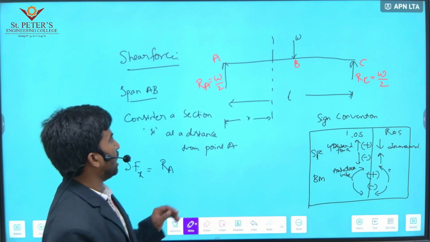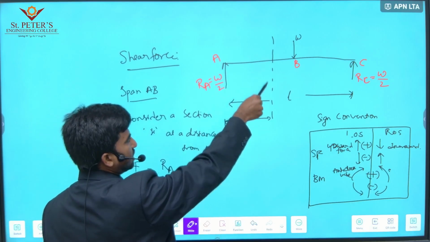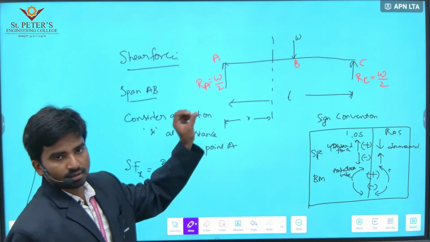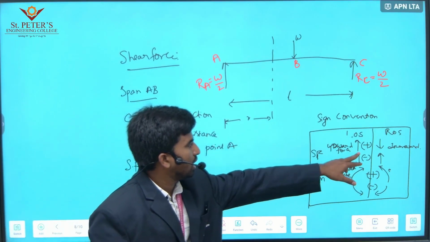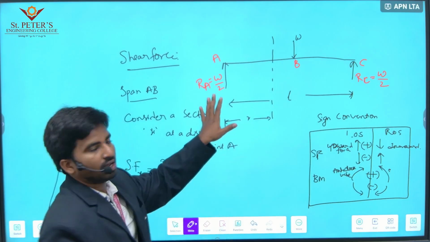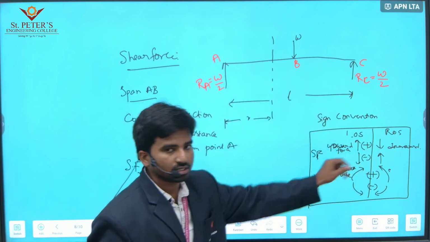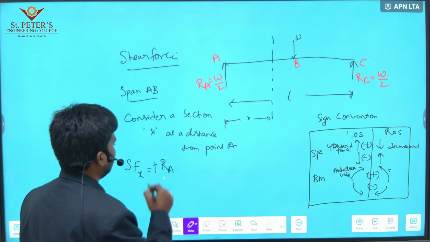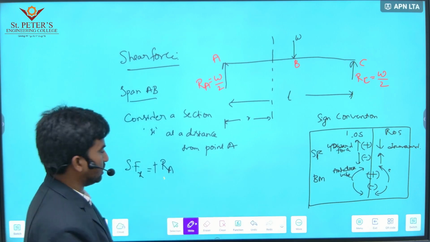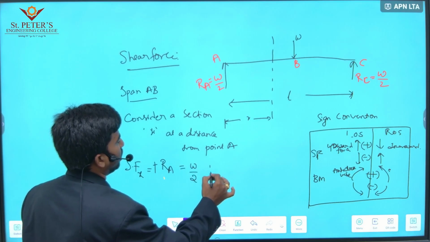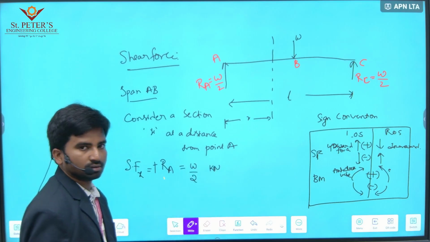So here consider a section. Only one force is there, that is RA. Sign conventions: this is the left side, left of section. The force is upward, take it as positive sign. Only one force is there, that equals W by 2 kilonewtons.